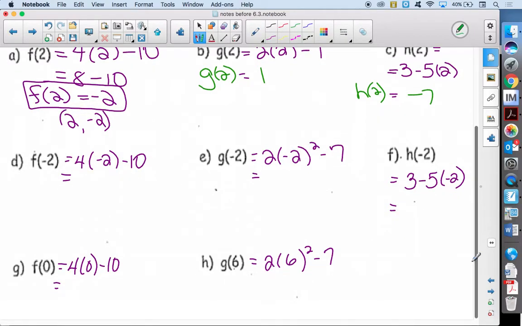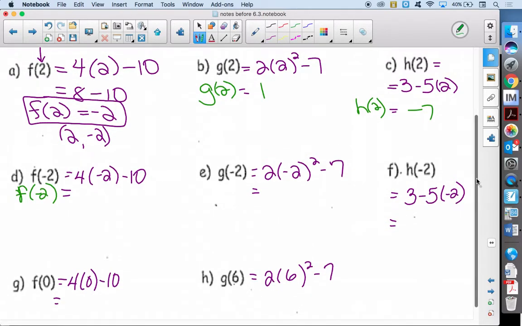Isabella in the back, what do you have for the next row? -18. Sam, what do you have for E? I have -1. -1? Are you sure? You're so close. I'm actually gonna go with positive one. Yeah, so -2 squared is 4, times 2 is 8, minus 7 gives us 1.